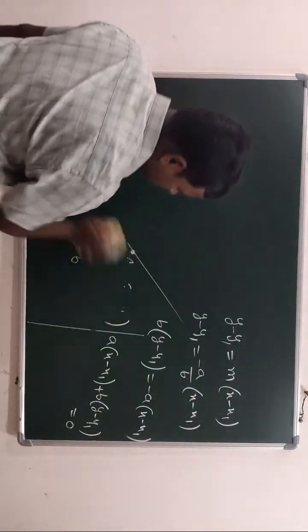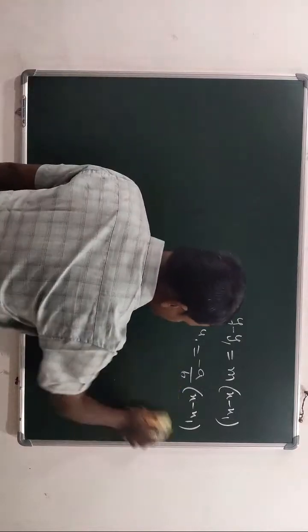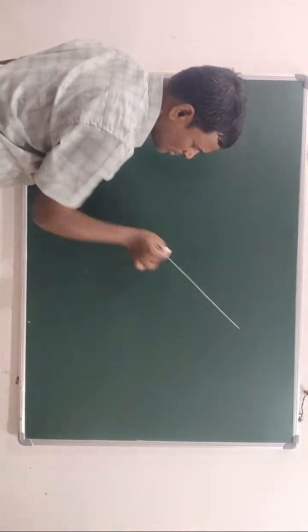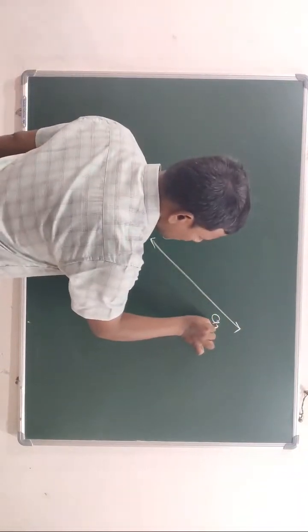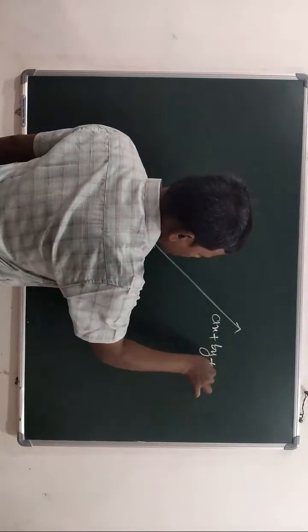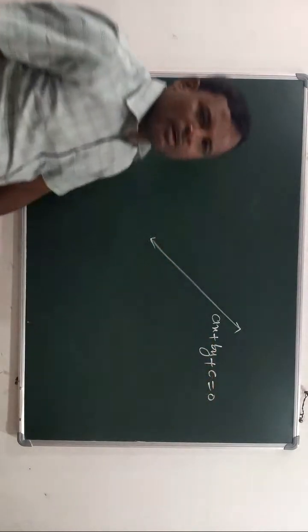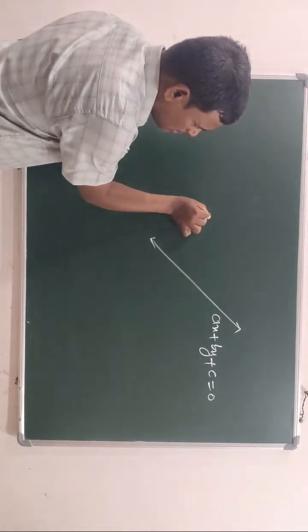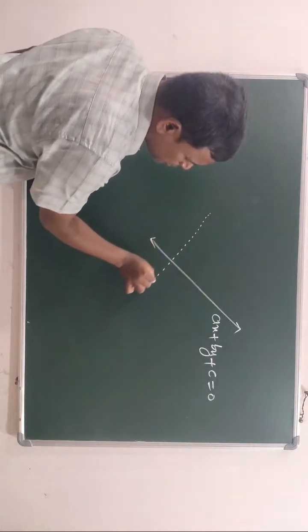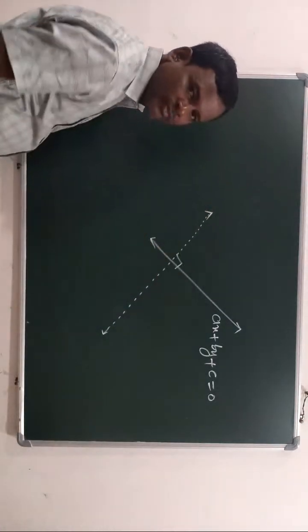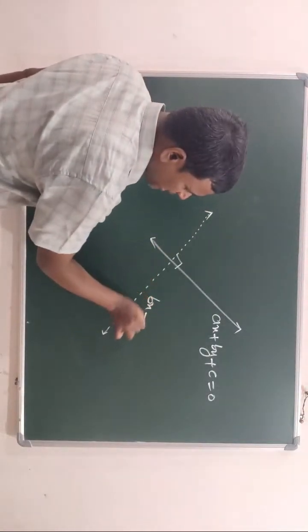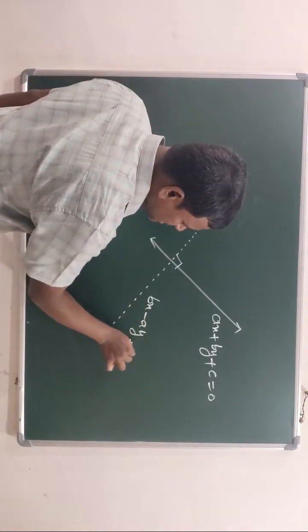Now let us see one more question. See, one line equation is given as ax plus by plus c equal to 0, and the line which is perpendicular to this given line will be in the form of bx minus ay plus k equal to 0.